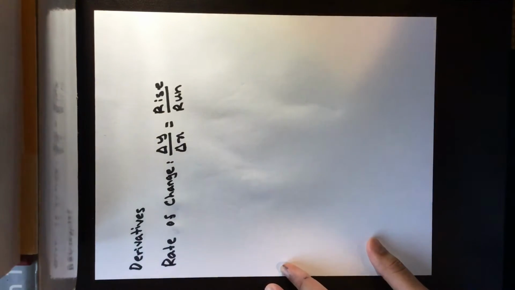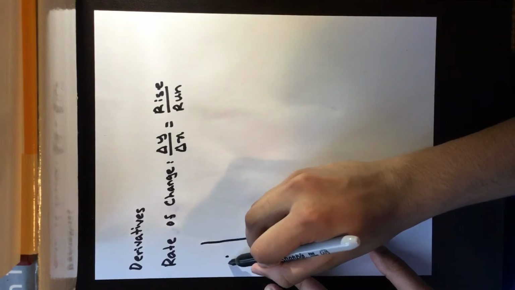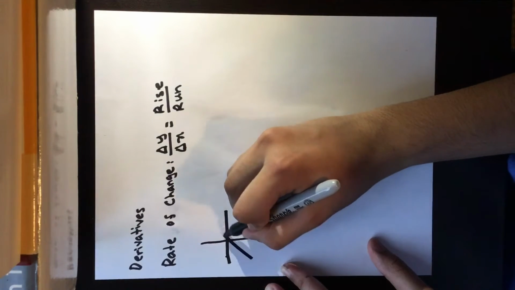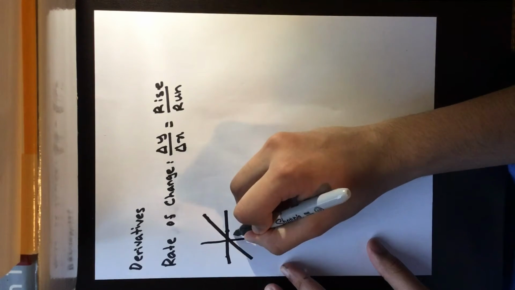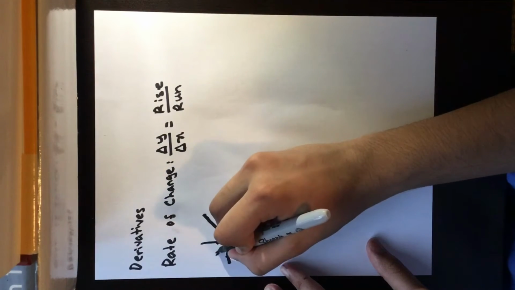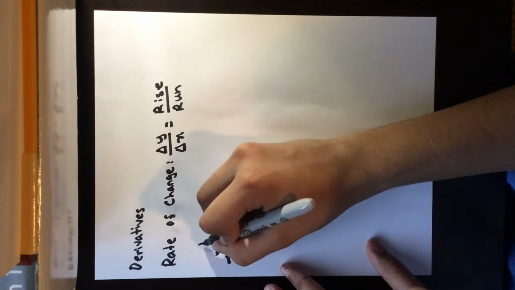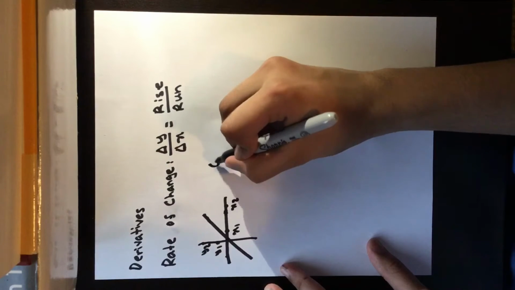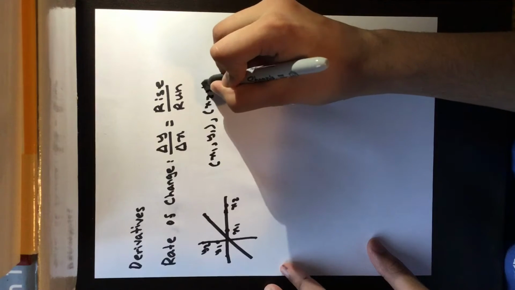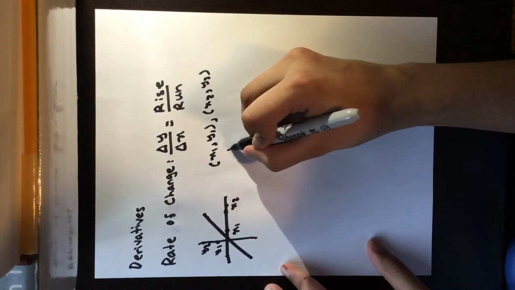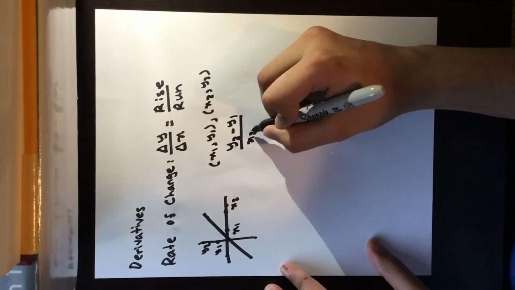When the rate of change is constant, we know that to be slope. So say we're given a line, when the rate of change is in fact constant. We can find the slope, or the rate of change, given two coordinates, x1, y1 and x2, y2, by taking y2 minus y1 over x2 minus x1.